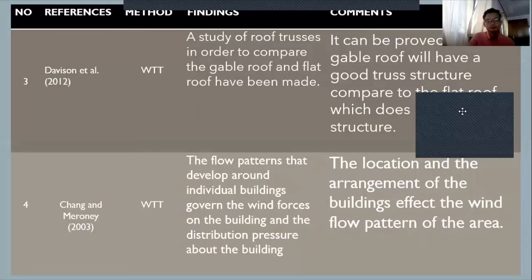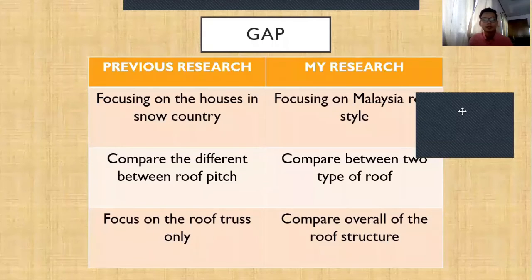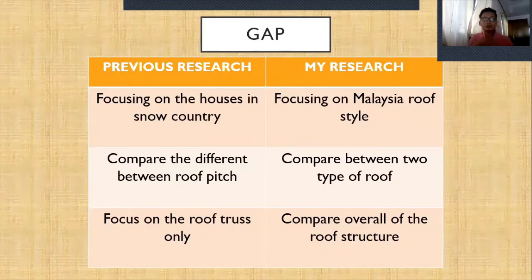So the gap between the previous research articles and my research in Final Year Project 1 is that the previous research focused on houses in snow countries, but my research focuses on Malaysian roof style.